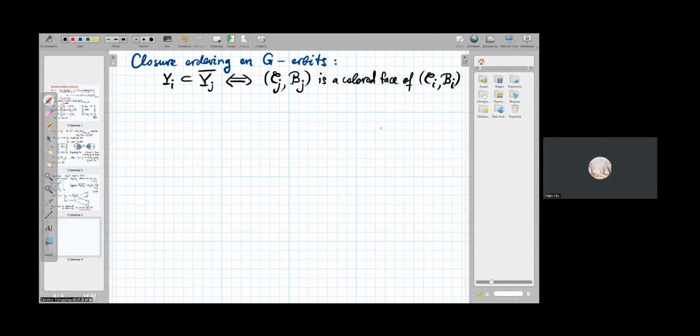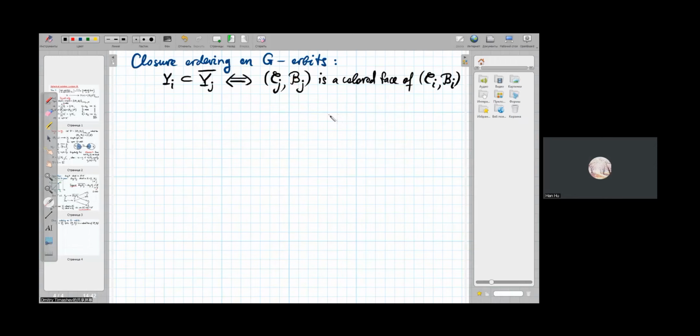This actually was proved in the previous lecture, because we described colored faces of the colored cone corresponding to this orbit exactly as the colored cones corresponding to bigger orbits on the same simple variety xi containing this one in their closures. So there is nothing to prove here because it is already proven before. But this gives you a clear picture of how all orbits on a spherical variety are mutually positioned with respect to each other.